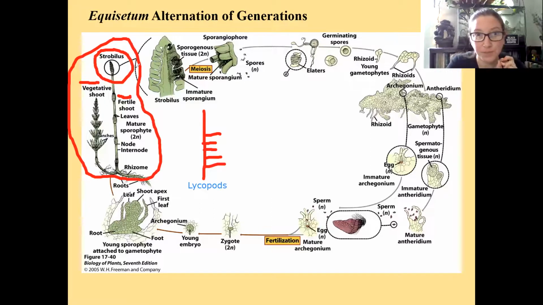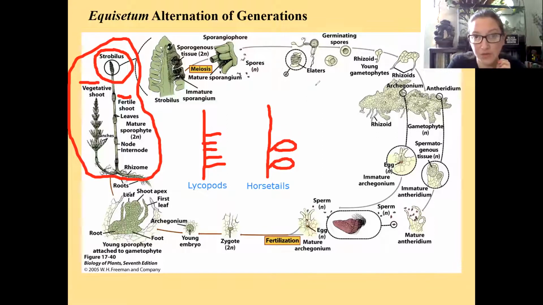But in the horsetails, as a comparison, the strobilus is a little more complicated in that it has this new structure. In the horsetails, you have a stalk, and on that stalk you have this thing called a sporangiophore. I'm going to draw it like this.